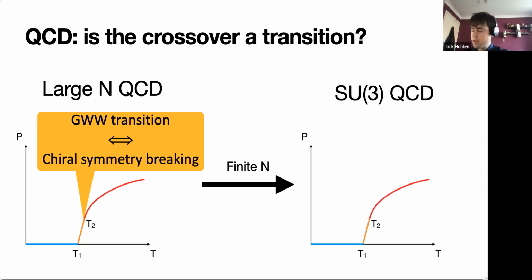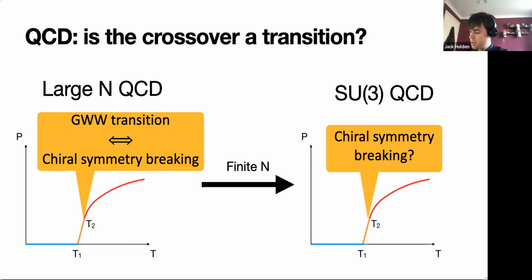When we go to finite N, we'll lose the Gross-Witten-Wadia transition, but it's natural to expect that chiral symmetry breaking remains. And so perhaps this point here, which is the crossover region, corresponds to chiral symmetry breaking and then a true transition.